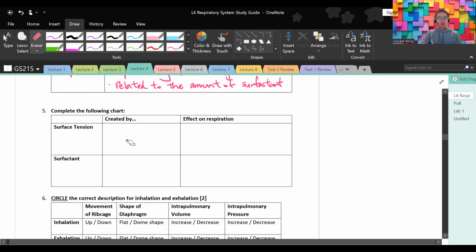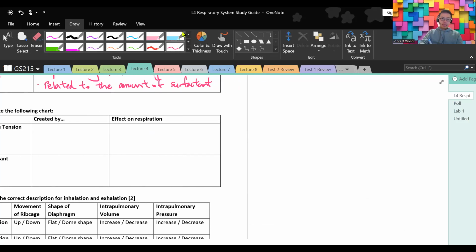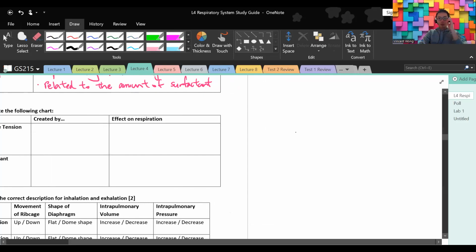Next, this talks about the relationship between surface tension and surfactant. Again, I explained this already in the lecture recording, but let's briefly talk about it. So here is the alveoli. Alveolus, if it's singular.